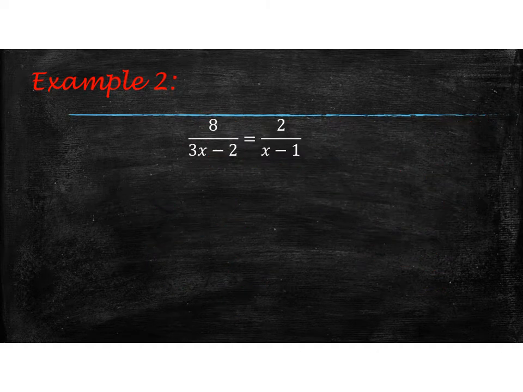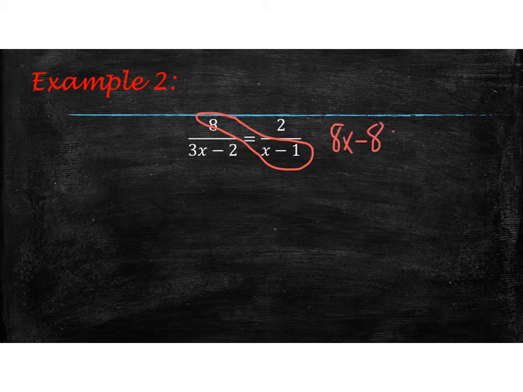Okay, example 2, we're going to cross multiply again because we have a fraction equal to a fraction. So first I'm going to go ahead and distribute that. 8x minus 8 equals this multiple. So go ahead and distribute again. So that would be 6x minus 4.